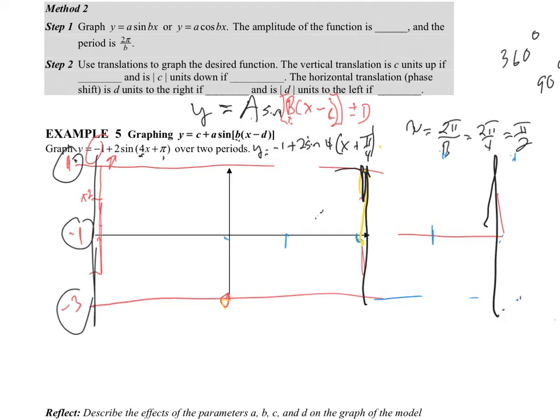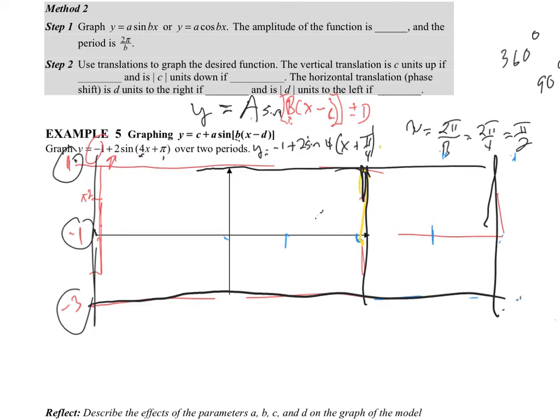So let me erase the 0. The horizontal lines don't change. It's still up there at a 1 and a negative 1 and a negative 3. That doesn't change. I just want to fix this one.